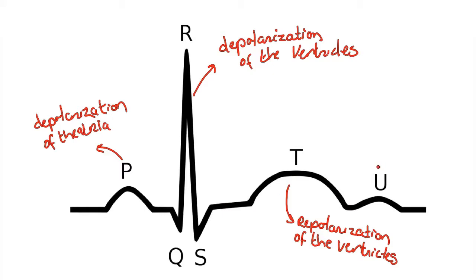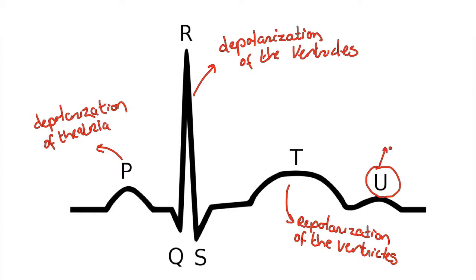Now, the U wave is one that you don't always see. It's sometimes hard to see. And in most cases, you don't really see it. But in some cases, you do see it. And in some cases, it can tell you something about when things are going wrong with the heart. We're not going to go into all those details. But I included it here because it was shown in this picture that I found, and because it does show up sometimes.